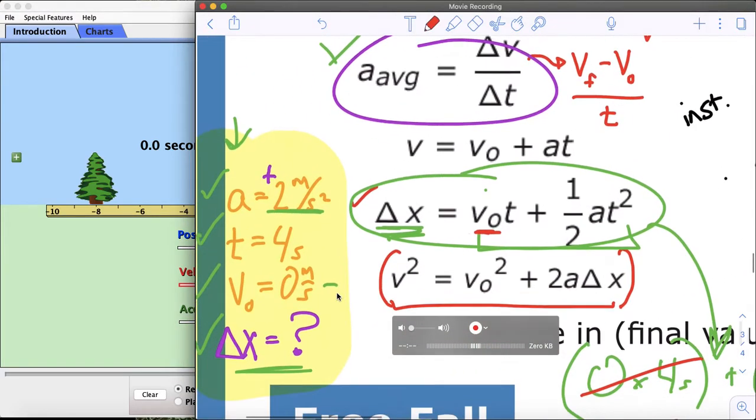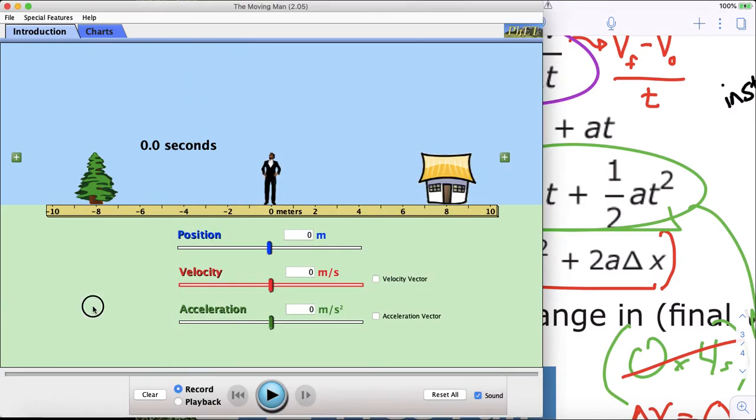Okay, so we know that the acceleration was positive 2 meters per second squared. So you'll notice the guy's going to get faster by 2 meters per second every second. If you watch this number, his velocity, this guy will get faster, 2 meters per second faster every second that ticks off. So at 1 second, this will say 2. At 2 seconds, this will say 4.